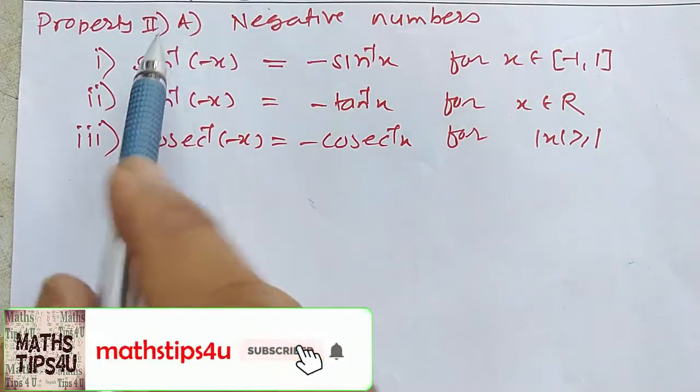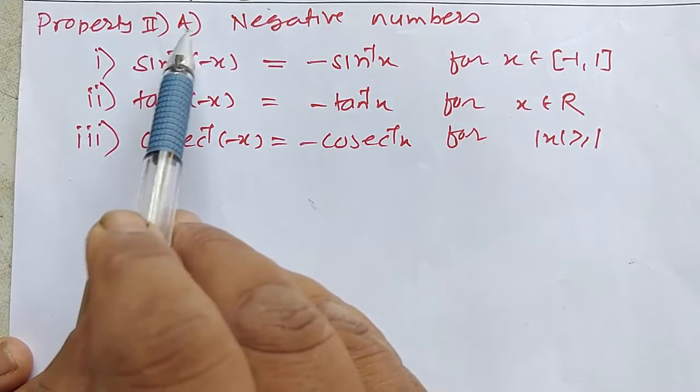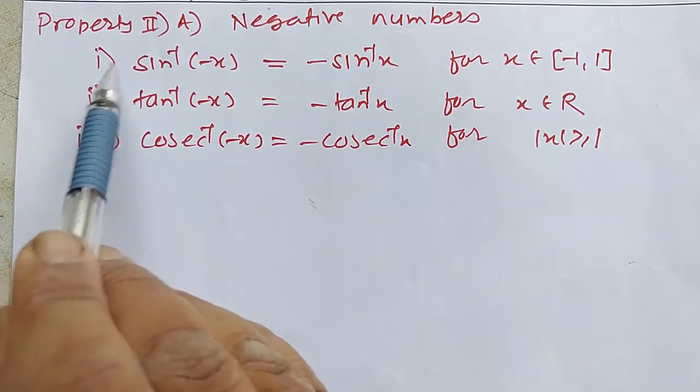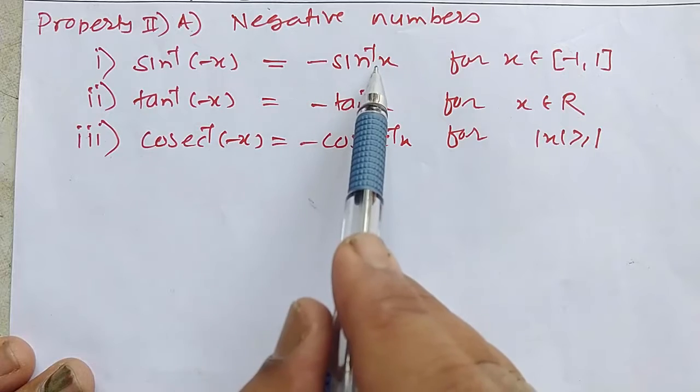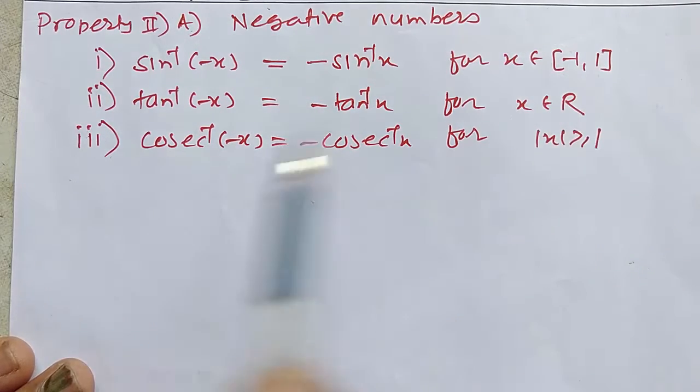Property number 2. There are two parts, part A and part B. We first consider part A, negative numbers. Number 1, sine inverse of minus x is equal to minus sine inverse x for x belongs to the closed interval minus 1 to 1.